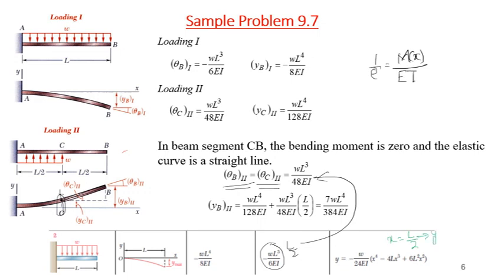So I know the deflection from this yC2, but I want to find what is yB2. So yB2 is simply yC2 plus this distance.